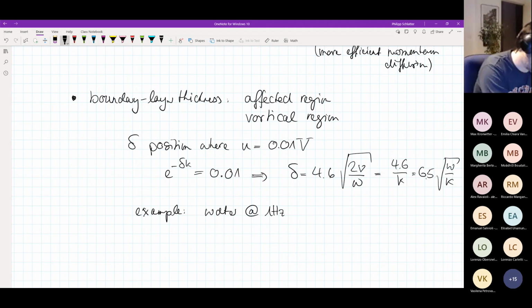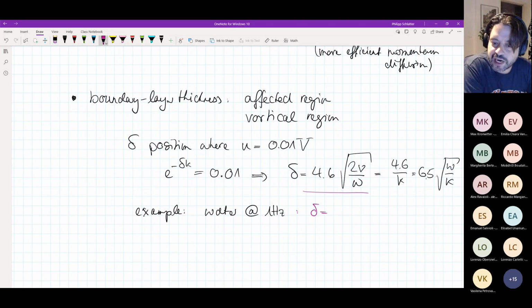Actually, you can just calculate it. Take this formula here. You know the viscosity of water. The omega here is, you have 1 hertz. Well, the result is, I don't know whether this is surprising, but to me it was surprisingly low. It actually is just 1 centimeter.